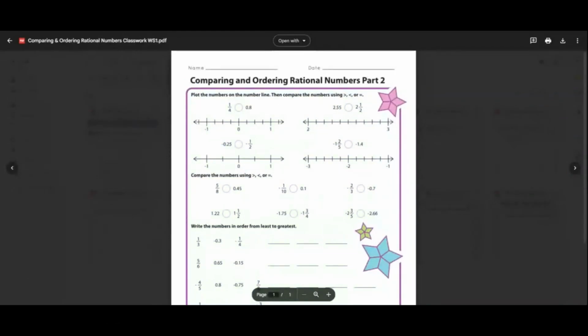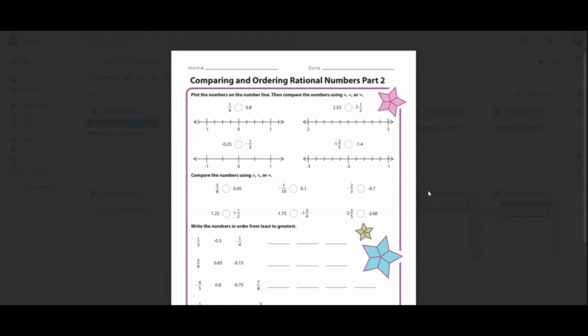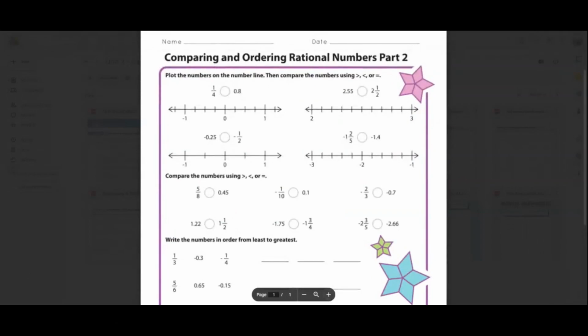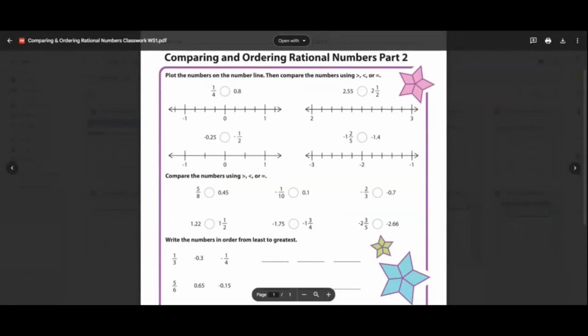It looks like that, which is what we did a little bit ago, the first sheet that we did. So it's basically identical to the one that we did at first. I want you to work on this first.